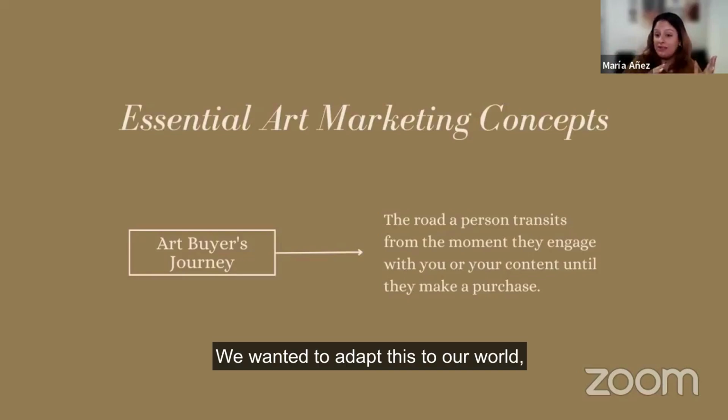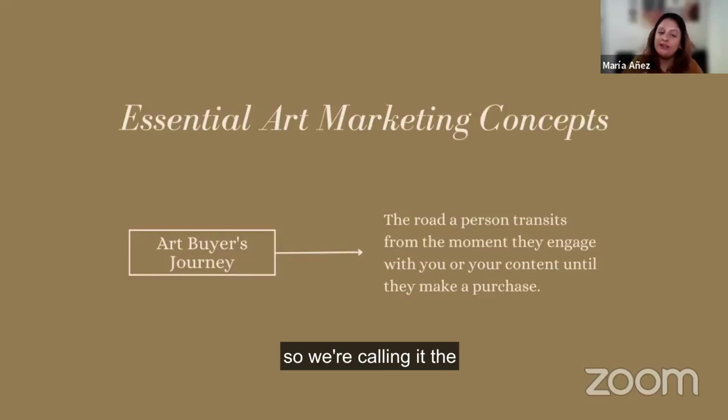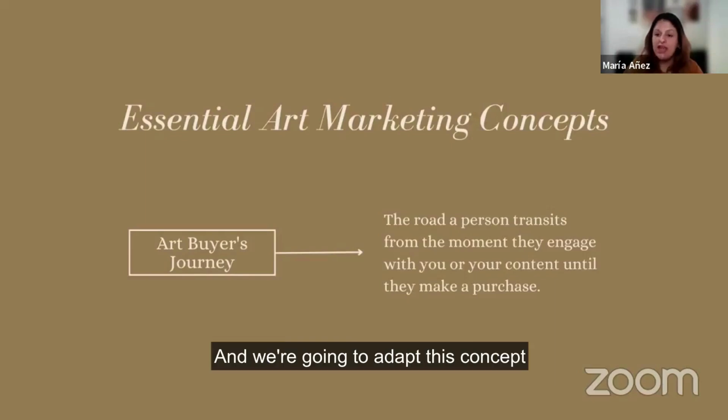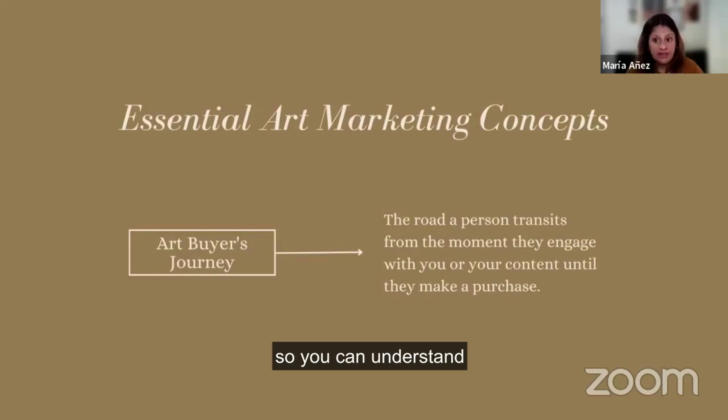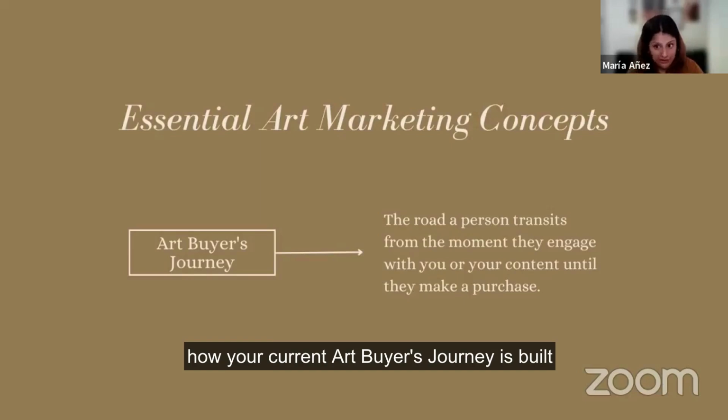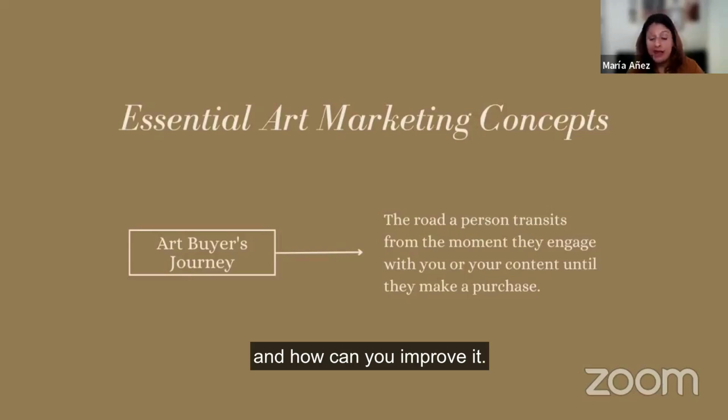We wanted to adapt this to our world, so we're calling it the art buyer's journey. And we're going to adapt this concept and take you step by step through this full journey so you can understand how your current art buyer's journey is built and how you can improve it.